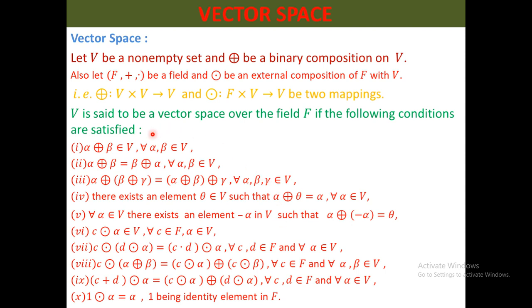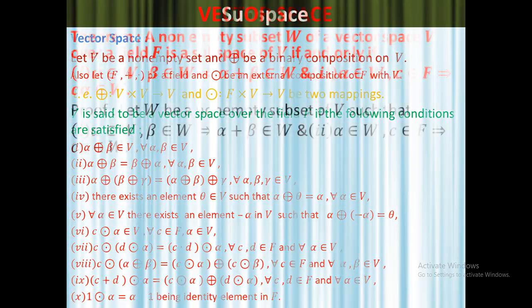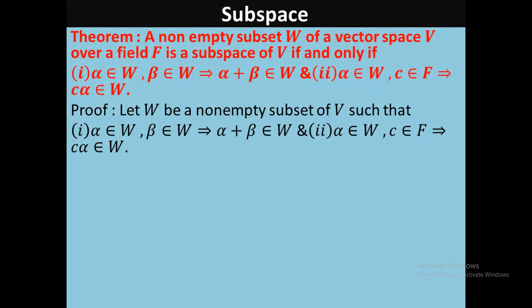So combining the first 5 conditions, you can conclude that W plus is a commutative group, and there are some remaining 5 conditions. By multiplication you have to satisfy all the conditions. If all the conditions are satisfied for W, then you can conclude that W is a vector space. That is, W is a subspace of V.